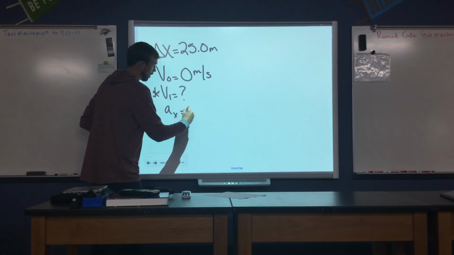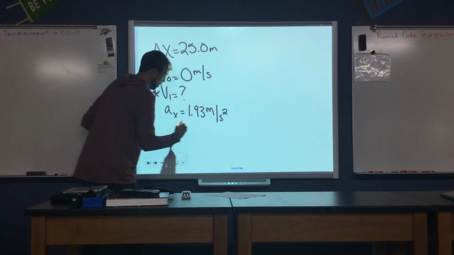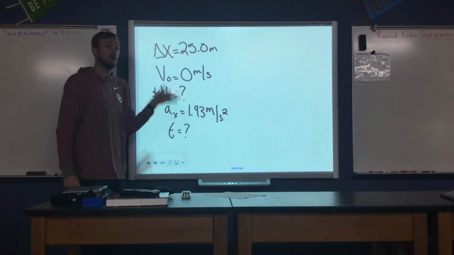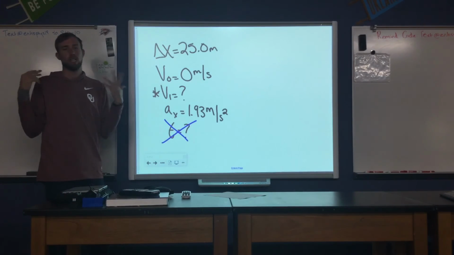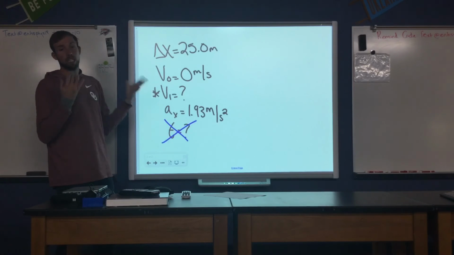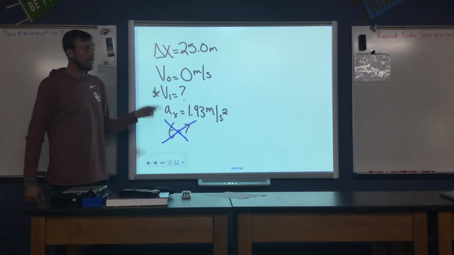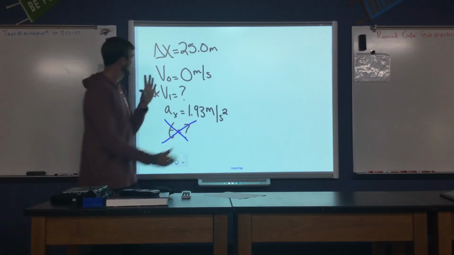We just solved for acceleration in the x direction, 1.93 meters per second squared. And time is our one variable that we do not know and that we're not really concerned with here. We could solve for it if we wanted to, but the question's really about how fast we're going, not how long it takes us to get down the plane. So we don't need time.